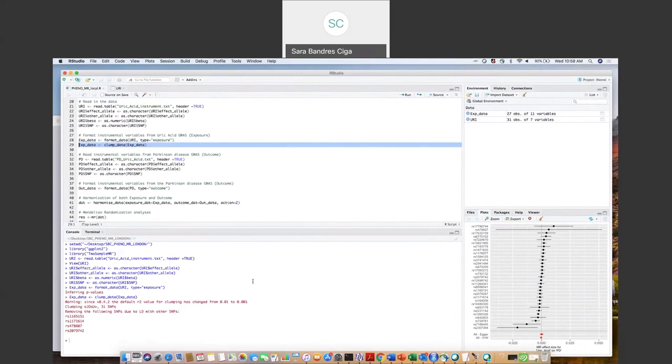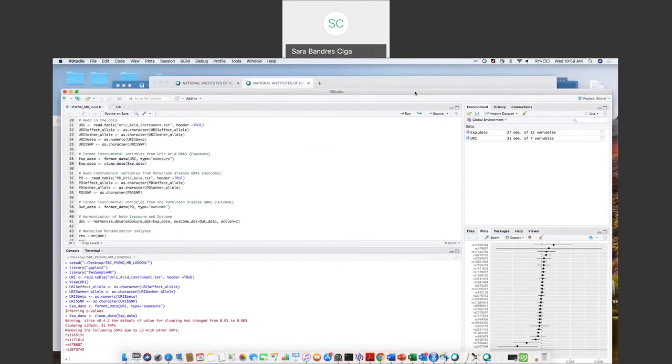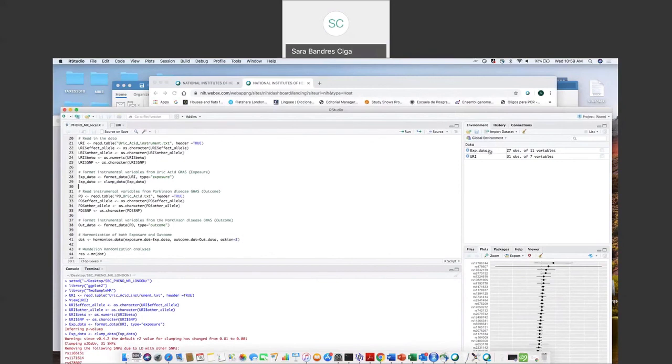This is telling me that the package has removed 4 of the SNPs that I included initially, according to, as I said, the default parameters. So we have clamped the data, and now we have 27 SNPs rather than 31.